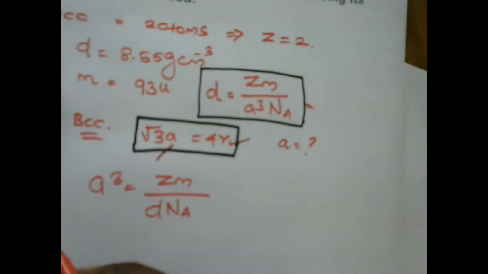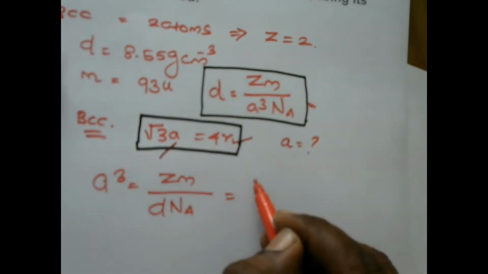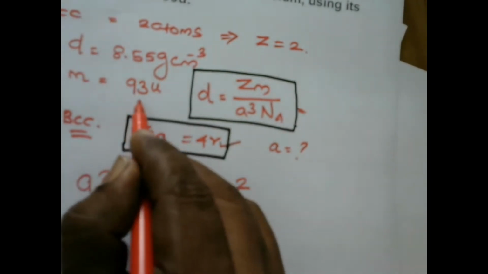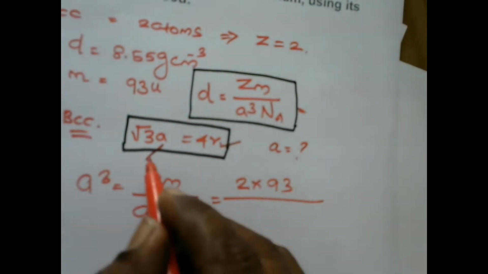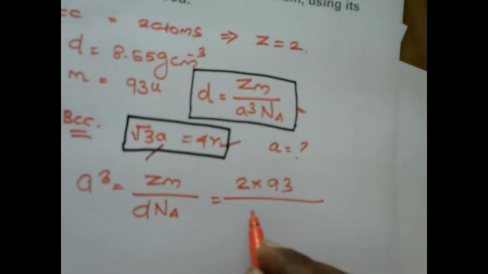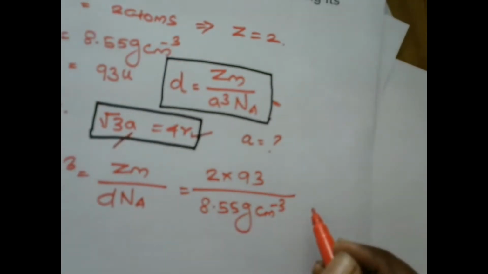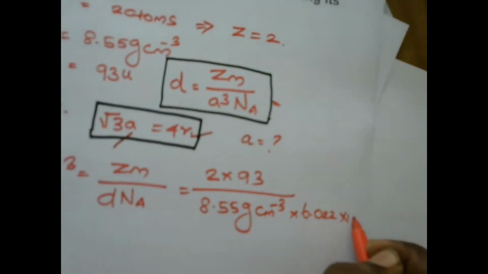Simply substituting the values here: Z is 2, the mass M is 93, by the density D, 8.55 gram per centimeter cube, into Avogadro number 6.022 into 10 to the power of 23.